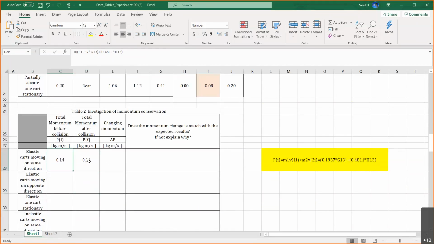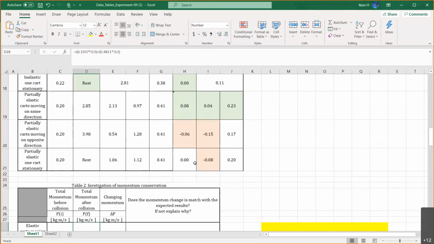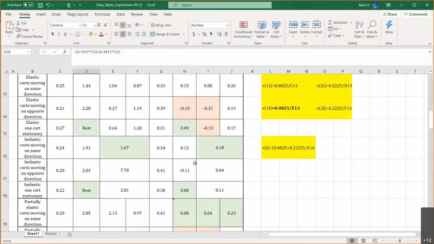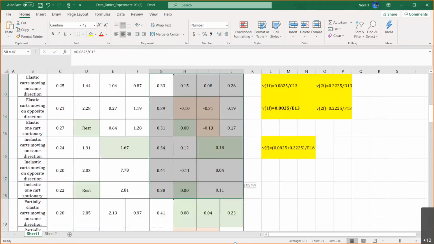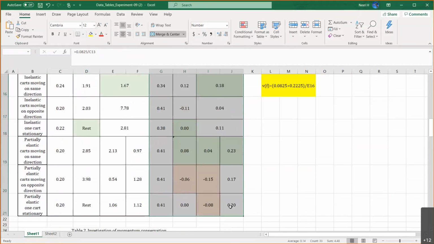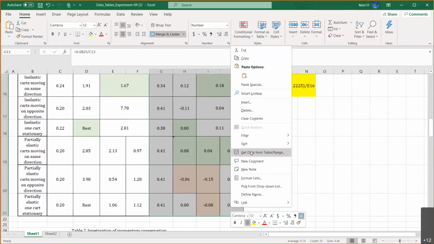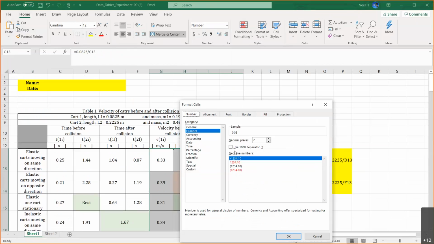However, I would like to check at least a couple of decimal places more, right? These are calculated values. Let's do that for the velocities also. All these velocities are actually calculated values, right? So let's do 1 decimal place more. Highlight that area, right click, format cells, number, and then increase decimal places to 3.